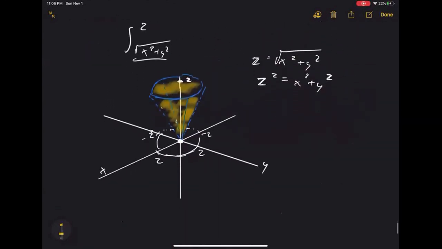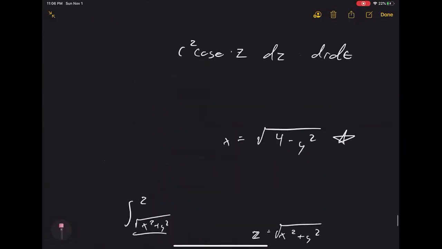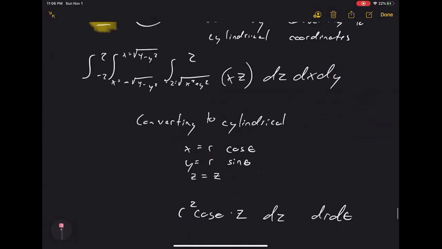Okay. Let's review how we did that. We worked our way from the outside inward. We said, okay, y is between -2 and 2, right? That's what we got from this bound right here.